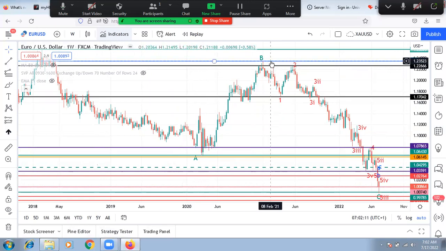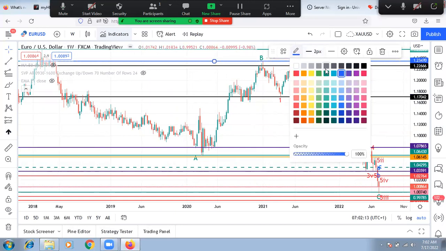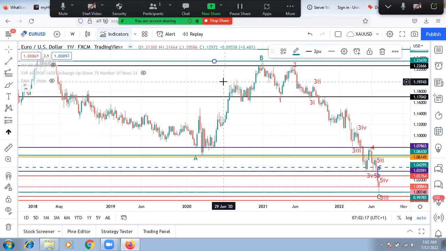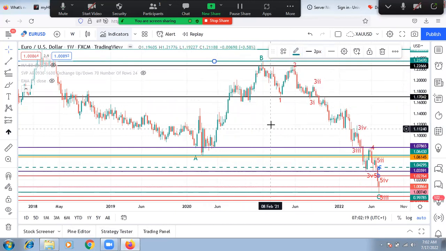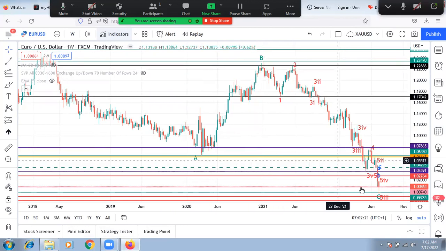Let me make it also that green color. So that's the origin of B, and this is the end of B, which is the origin of C, to what we say is the end of C.